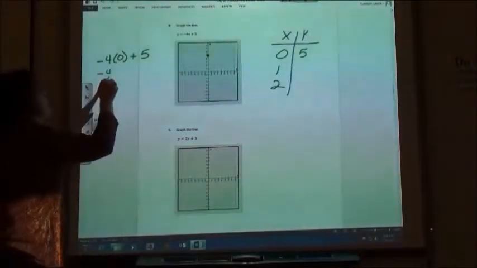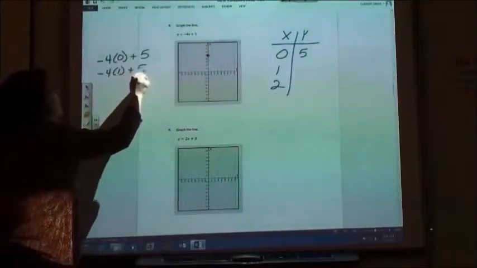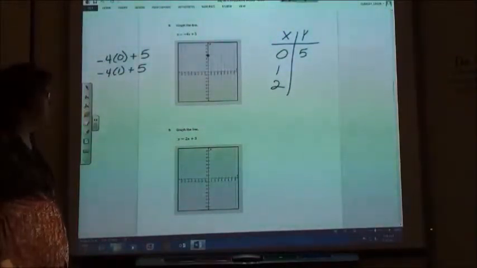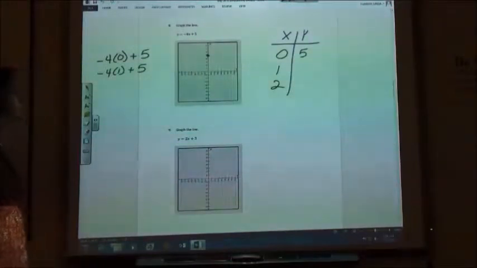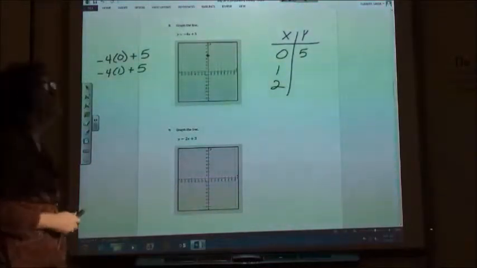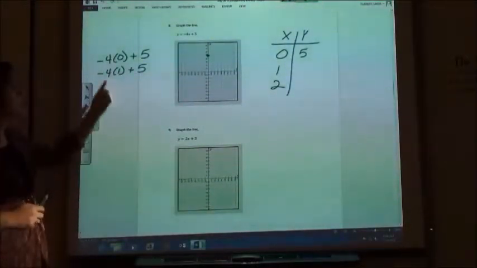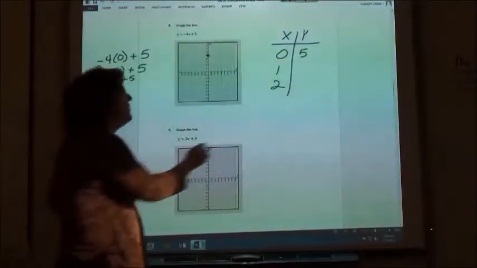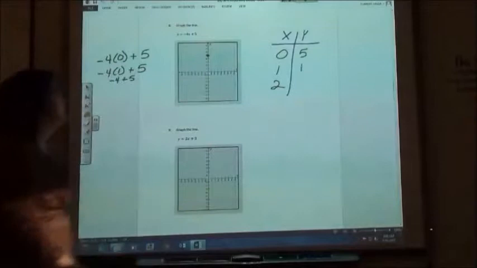So -4 times 1 plus 5. It's going to be +1, positive, because I'm going to have a -4 plus a 5. -4 plus 5 is +1.